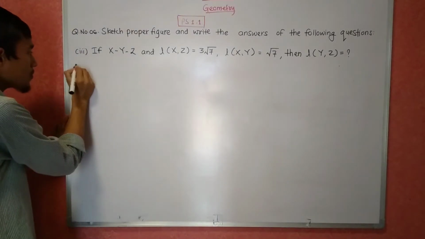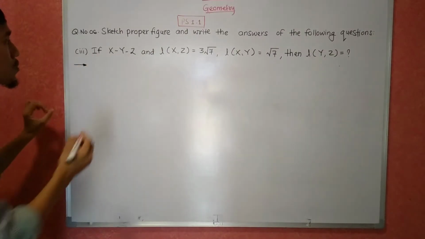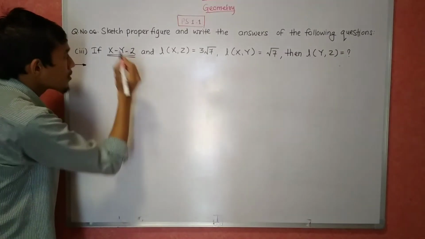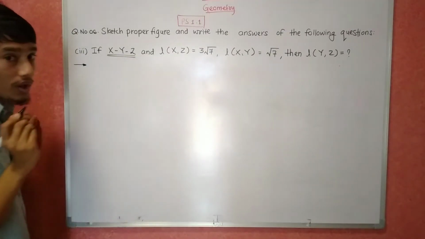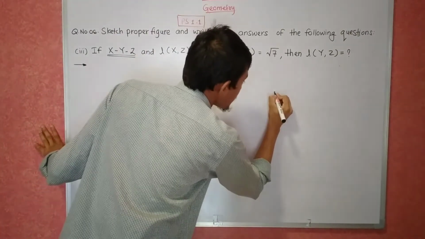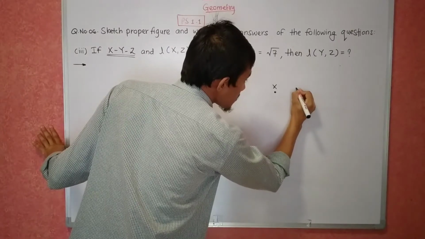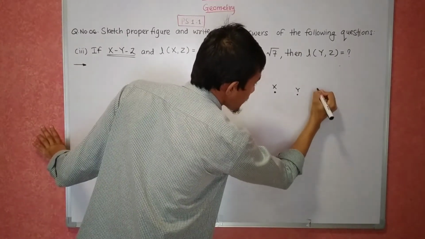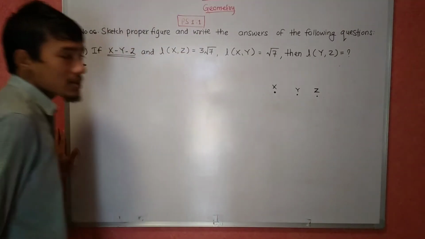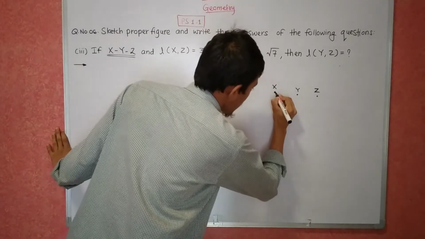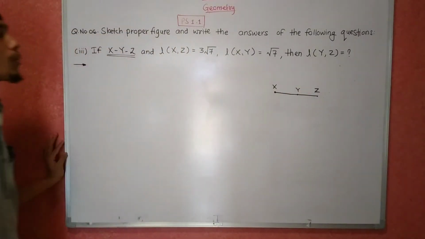So what is given, if x, y, z, so this particular line, it is showing us that x, y, z are collinear points in the form x is first, then y is between the 2 points, and then z. Okay, so x, y, z, these 3 points are collinear to each other, forming a line, and this is our required sketch.